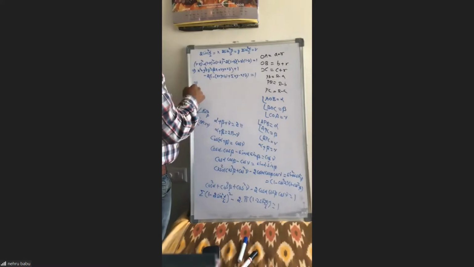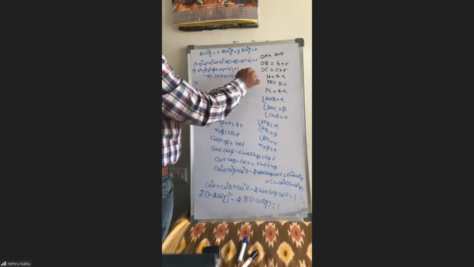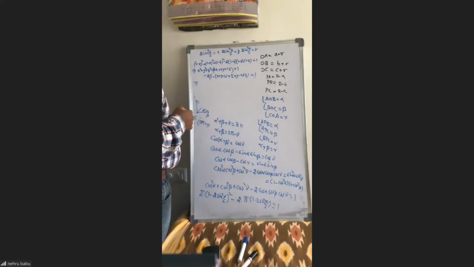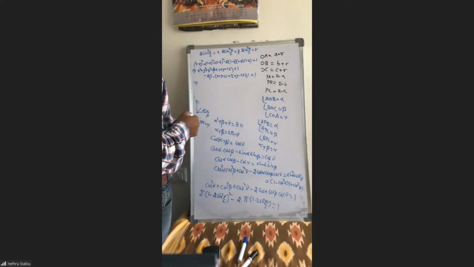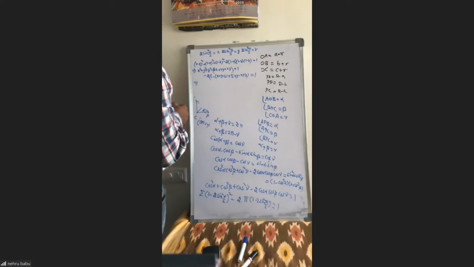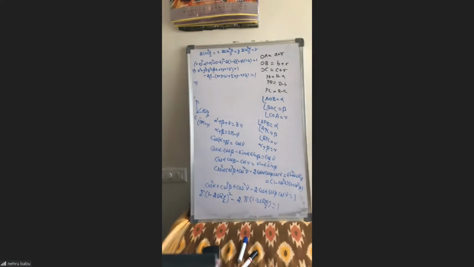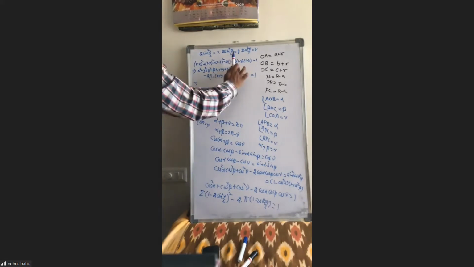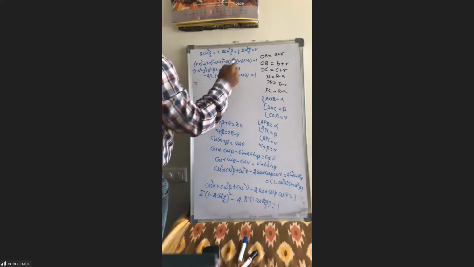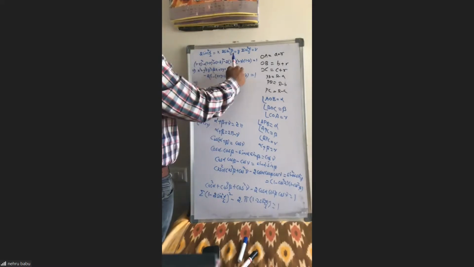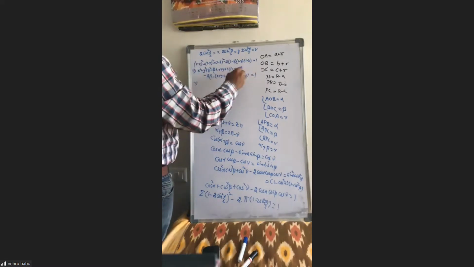Now in this process if you observe, the plus 1 minus 2 plus 1 cancel. Is it correct? This is 3. Then 1, 1, 1, 3. 3 minus 2, 1, 1 cancel.